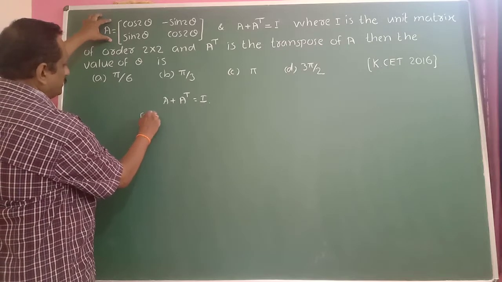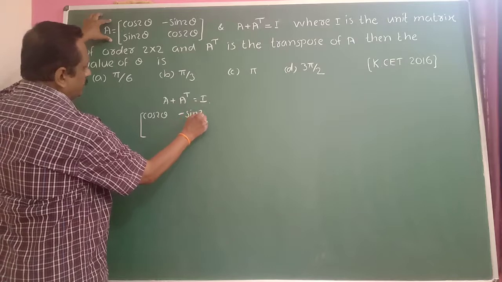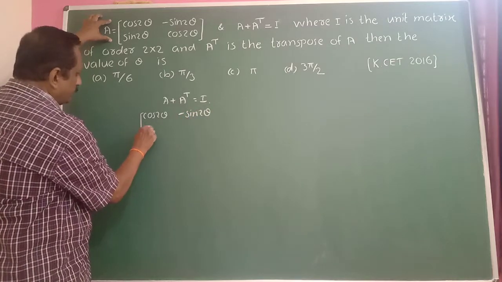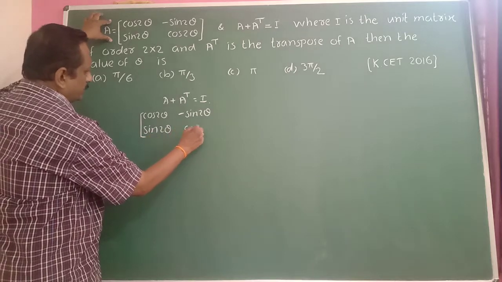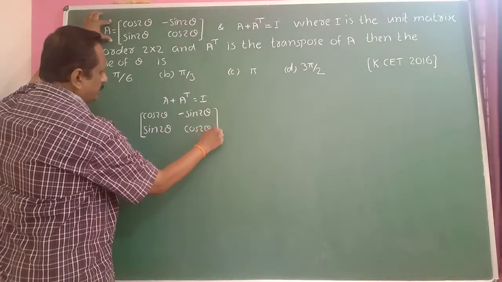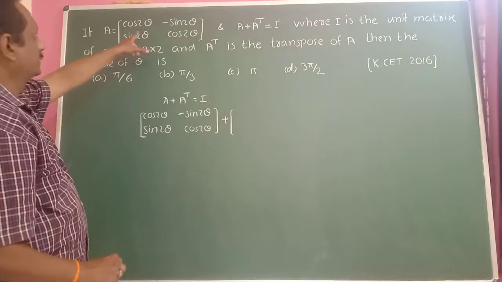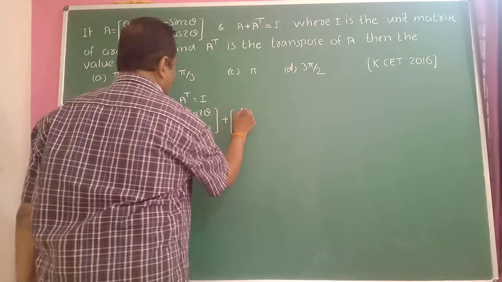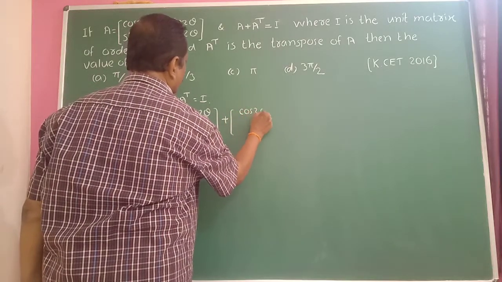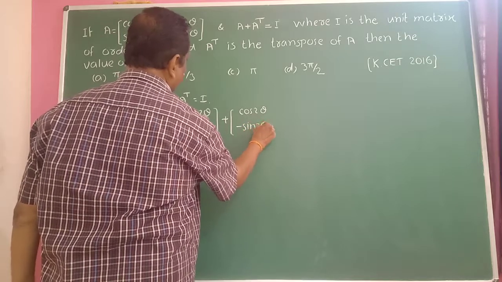Cos of 2 theta, minus of sin 2 theta, sin 2 theta and cos of 2 theta. Then plus the transpose of this matrix here: cos 2 theta, minus sin 2 theta, write in the column here, cos 2 theta, minus of sin 2 theta.